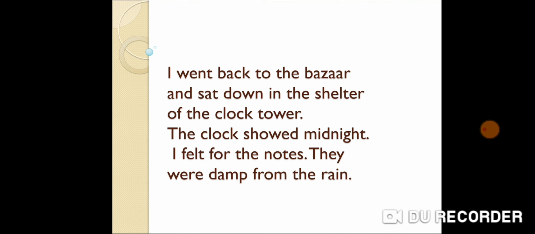It was already 12 o'clock. Now he felt for the notes. Now he remembered about the notes, so that's why he felt about it. They were damp. Now damp means wet. Already gile ho gaye the from the rain. Due to the rain, all the notes were wet. Now see.